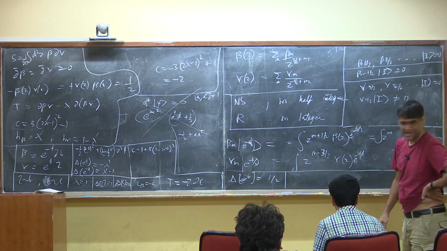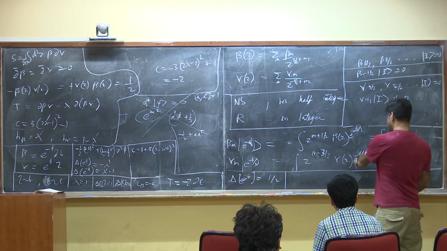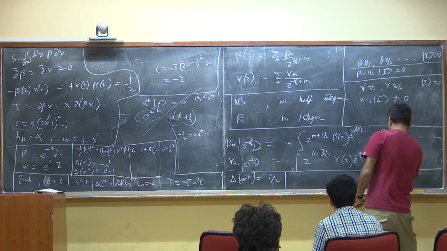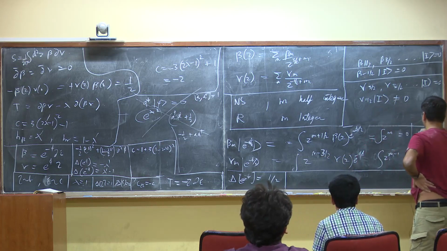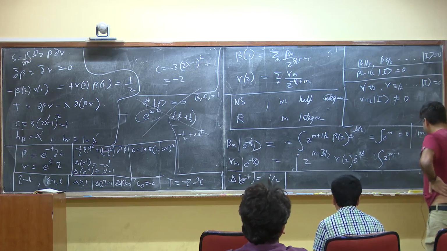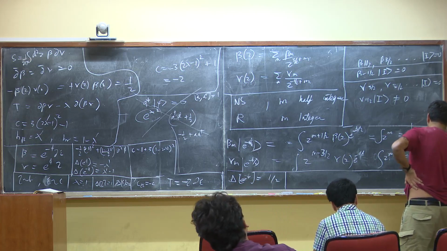And this here gives you z to the power m minus 1. And so this is equal to 0 for m greater than or equal to 0, and this is equal to 0 for m greater than or equal to 1.